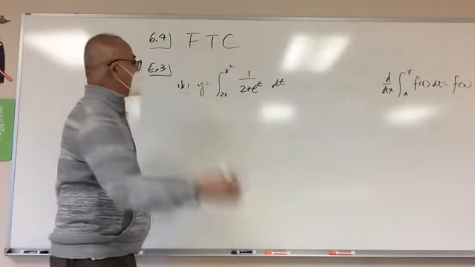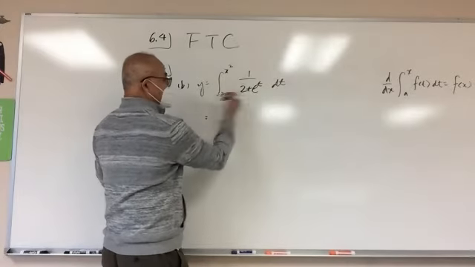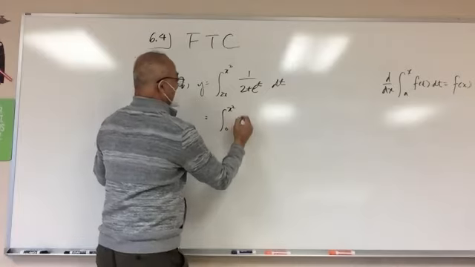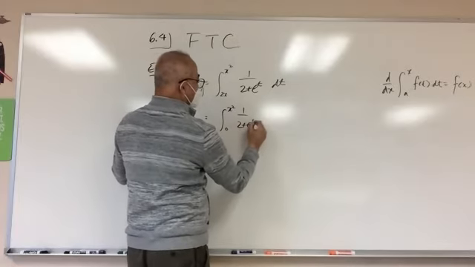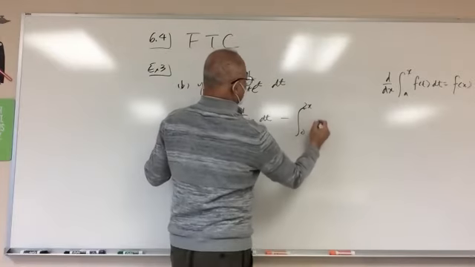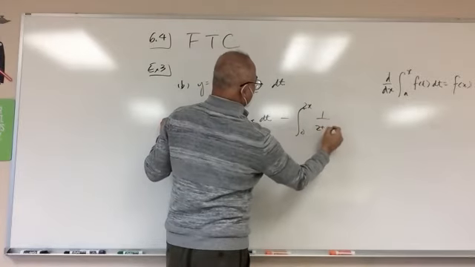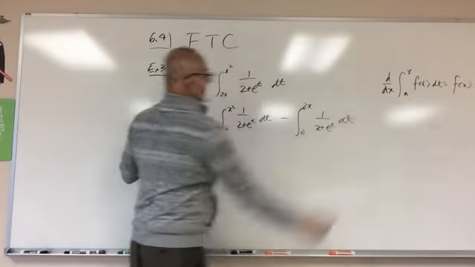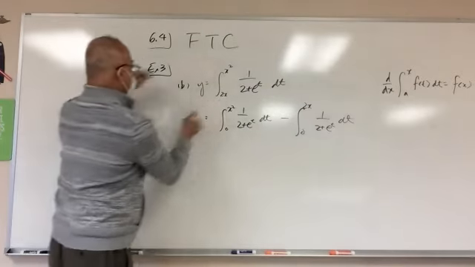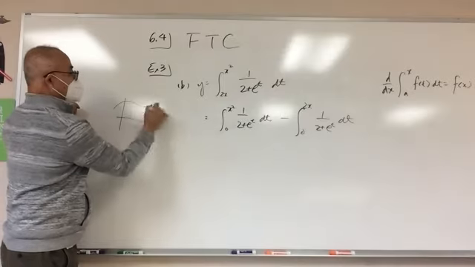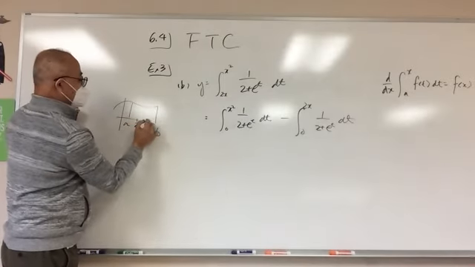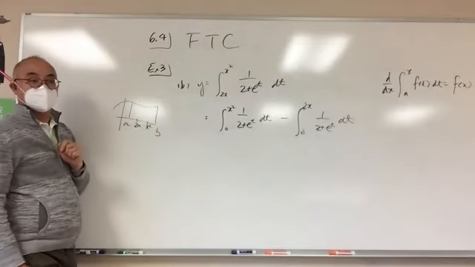So the way we get around this is we're going to say this is the same as minus. You see what happened there? I said from here to here, so I'm going from 2x to x squared, right?